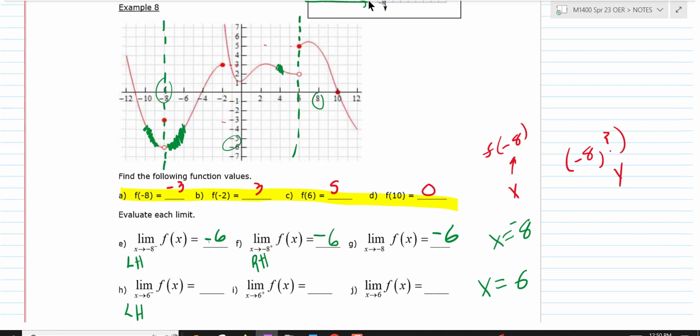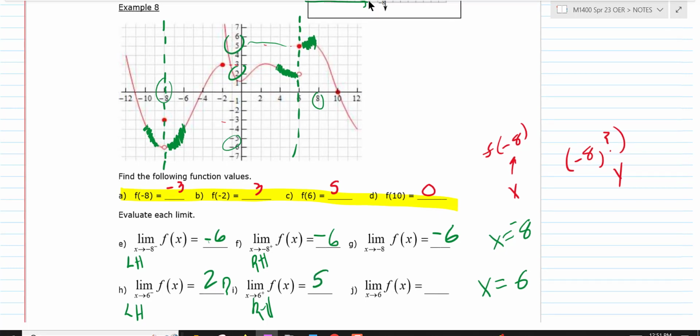What is y getting close to? 2. So that's your left-hand limit. Now you've got your right-hand limit. Get on the right side and close in. What is y getting close to? 5. There you go.